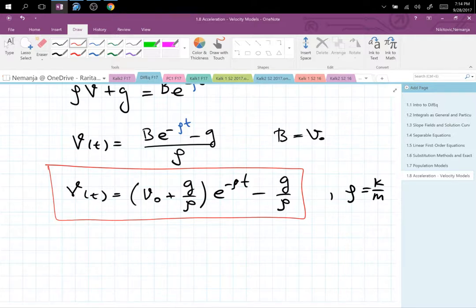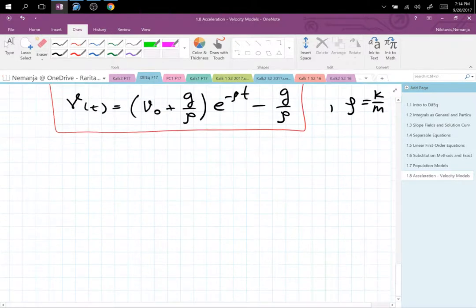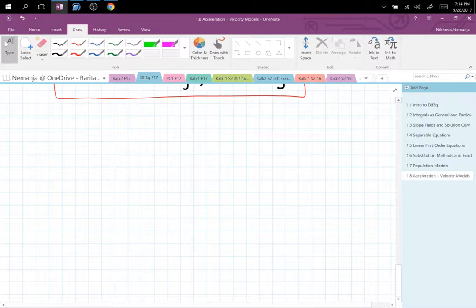The object will be falling at a constant speed, and we call that terminal velocity. So let me draw the diagram here. Say I am throwing this rock.